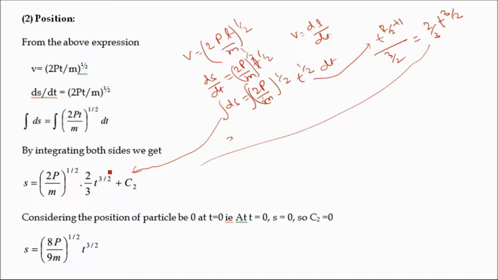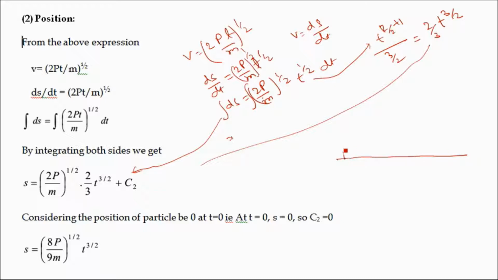Now if we put the conditions, we get the value of the arbitrary constant c2. If we consider the position of the particle to be 0 at time t equal to 0, then putting t equal to 0 and s equal to 0, we get c2 equal to 0. So what is basically our condition?